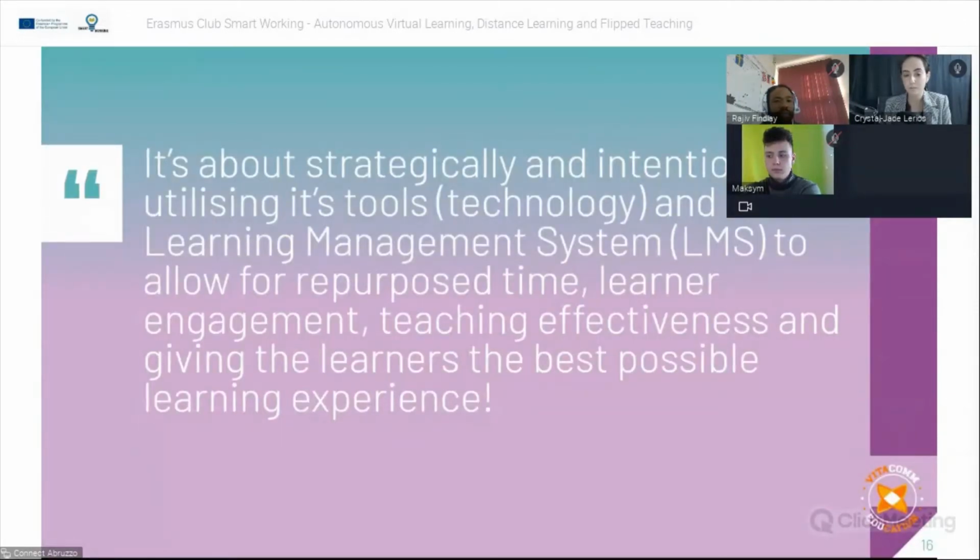So it's about strategically and intentionally, please keep this word in mind, intentionally, utilizing its tools, technology, and online learning management system, the LMS, such as Google Classroom, to allow for repurposed time, learner engagement, teaching effectiveness, and giving the learners the best possible learning experience. Next slide, please.